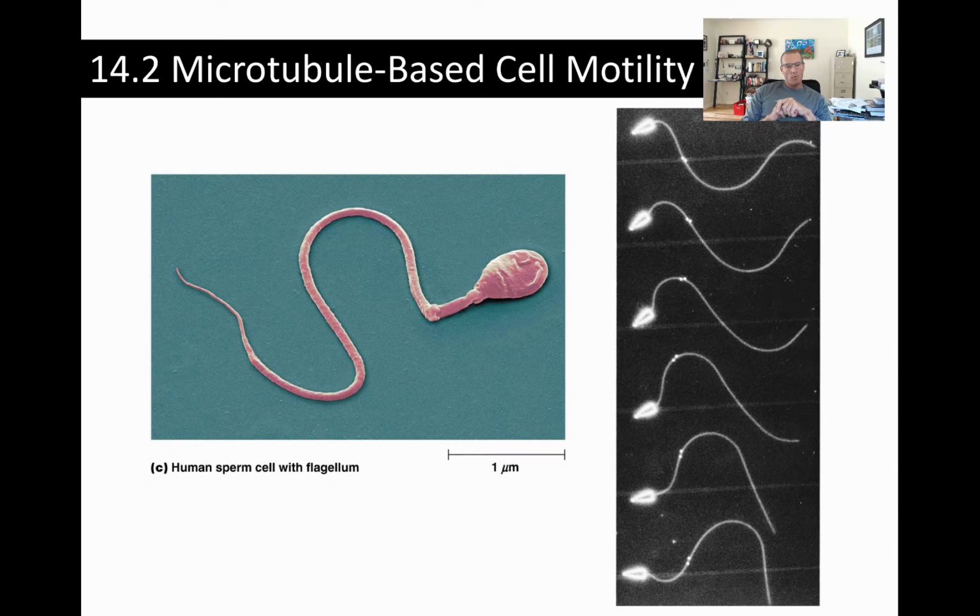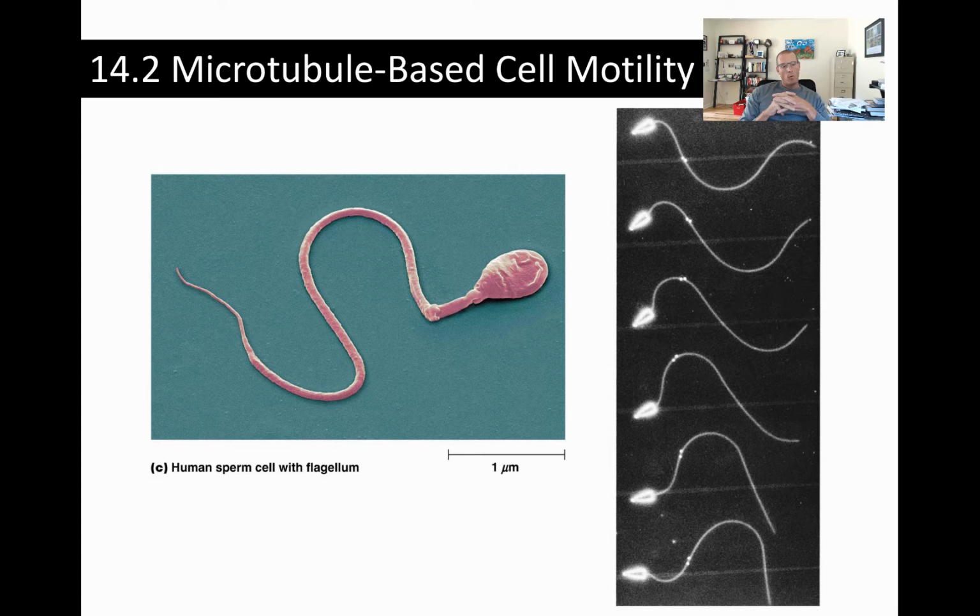Flagella move cells through a fluid environment. You can imagine sperm swimming through seminal fluid, for example. They are approximately the same diameter as cilia. They're usually much longer though, up to 200 micrometers, so pretty long structures.